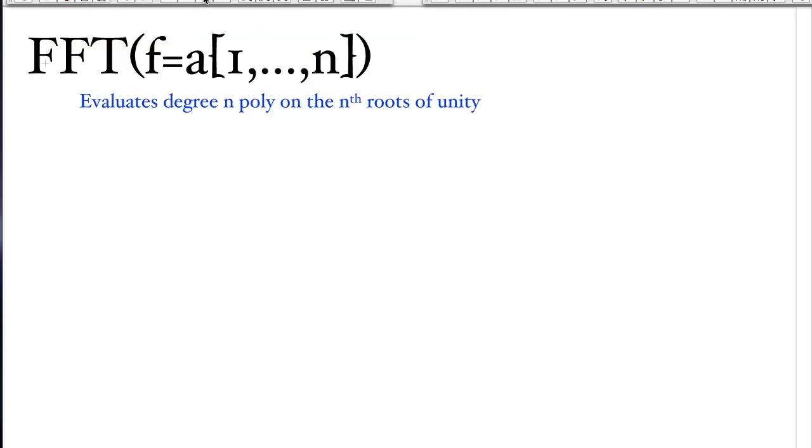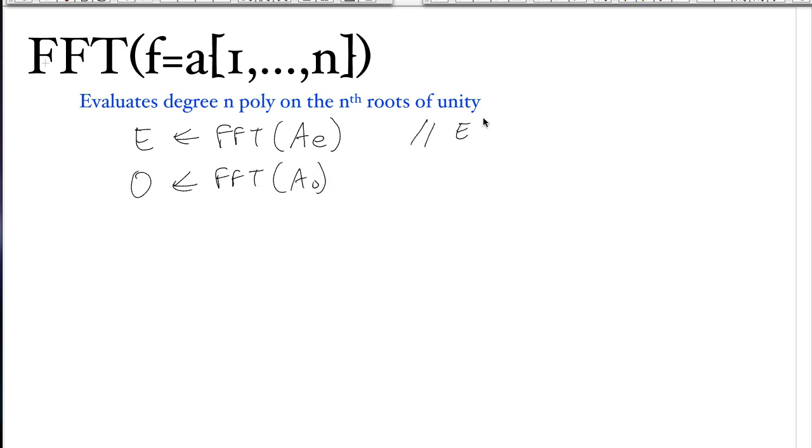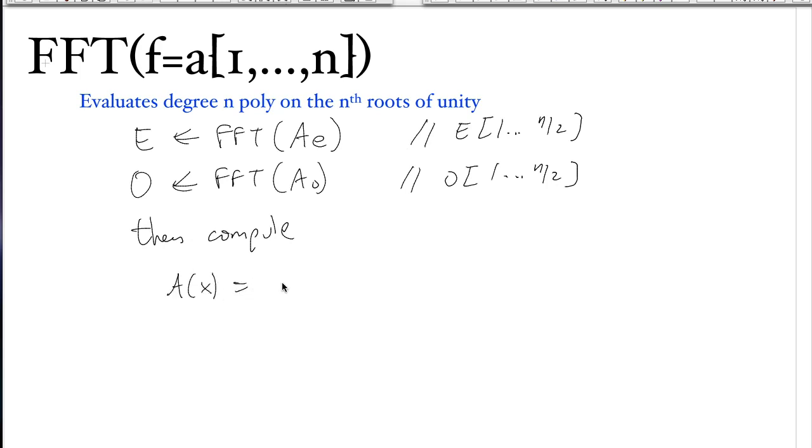So let's dig into this problem a little bit further. The algorithm would basically be: let E be the FFT on A even, let O be the FFT on A odd, and then compute A of x.